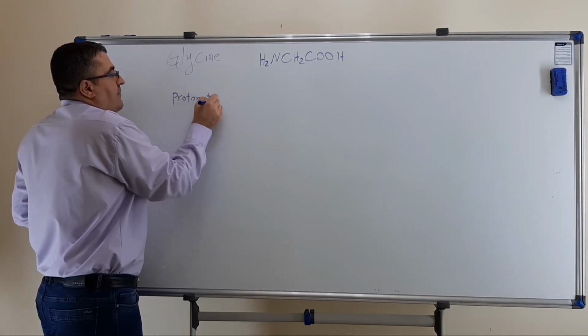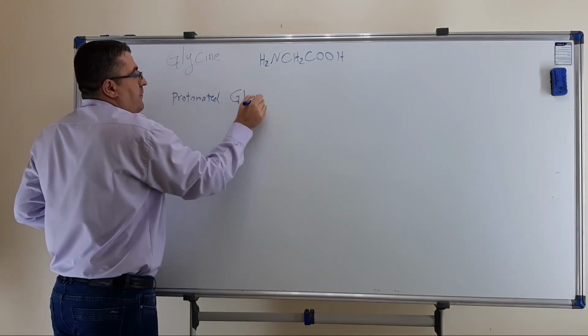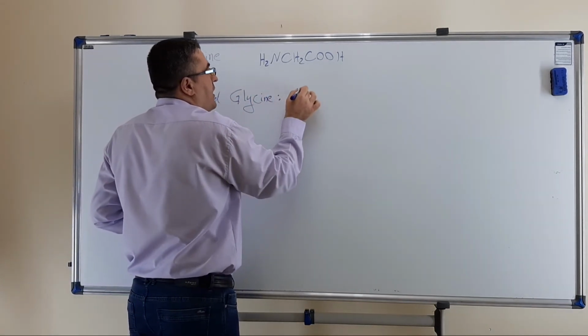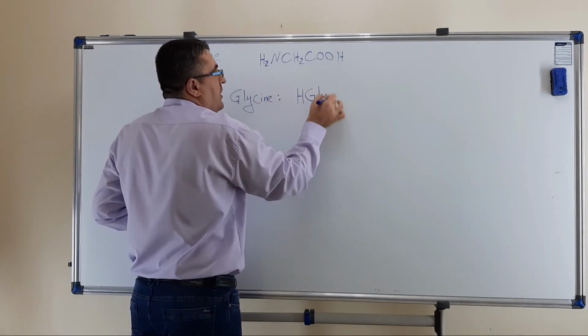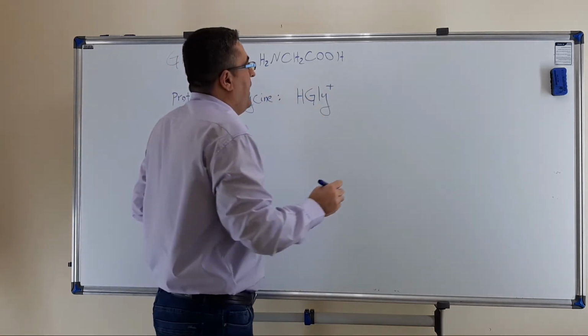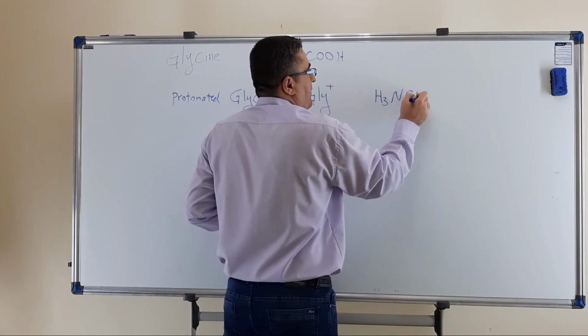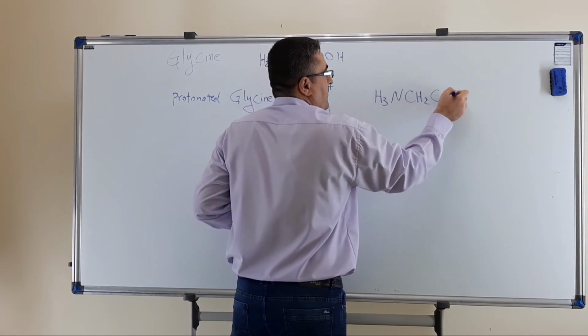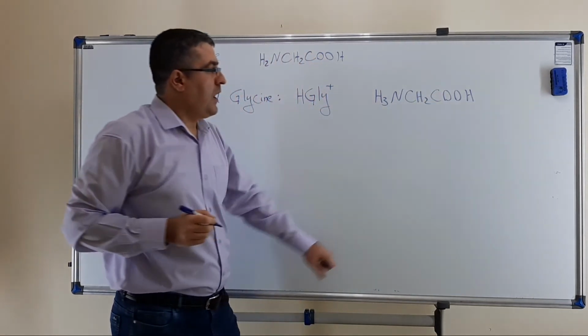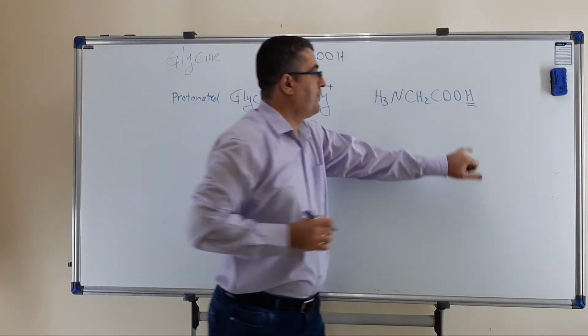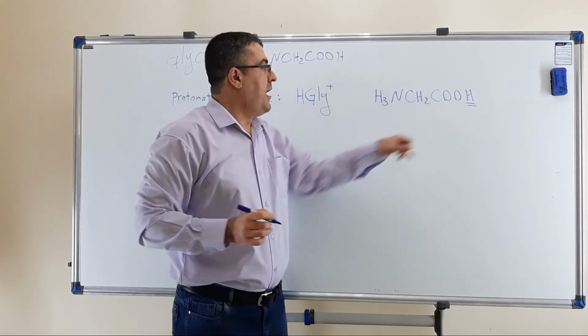Protonated glycine, which we may represent by HGly+, is a diprotic acid. One ionizable hydrogen is here, for the carboxy group.